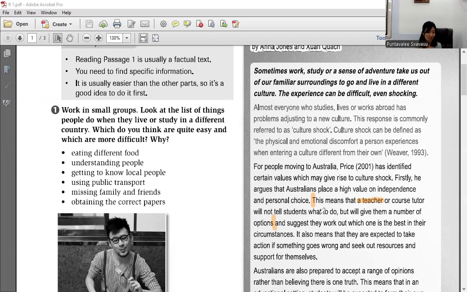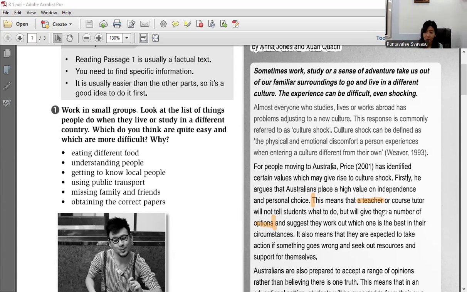In the question, it says Australian teachers will suggest alternatives to students rather than offer one solution. The second word you should focus on is "alternatives." The word alternatives is the word option, so it's kind of synonyms.